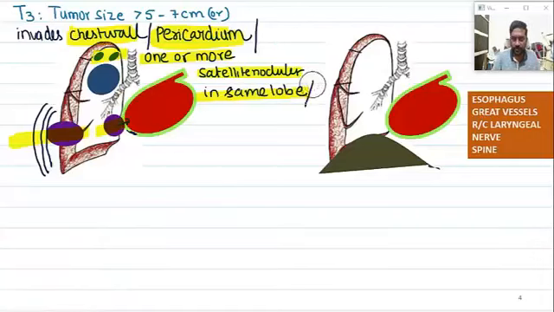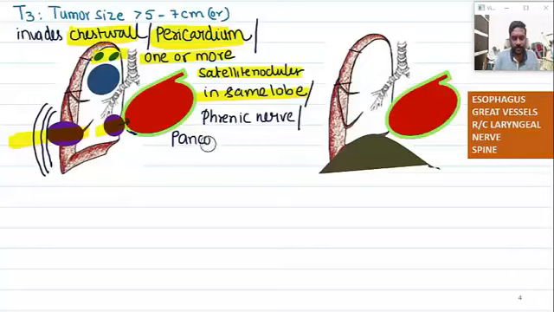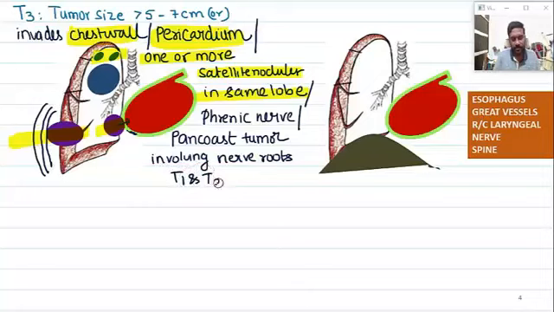So we have tumor that involves the phrenic nerve, and also a Pancoast tumor, a tumor of the lung apex. So Pancoast tumor involving nerve roots T1 and T2. If it is involving only the nerve roots T1 and T2, it is also included in T3.